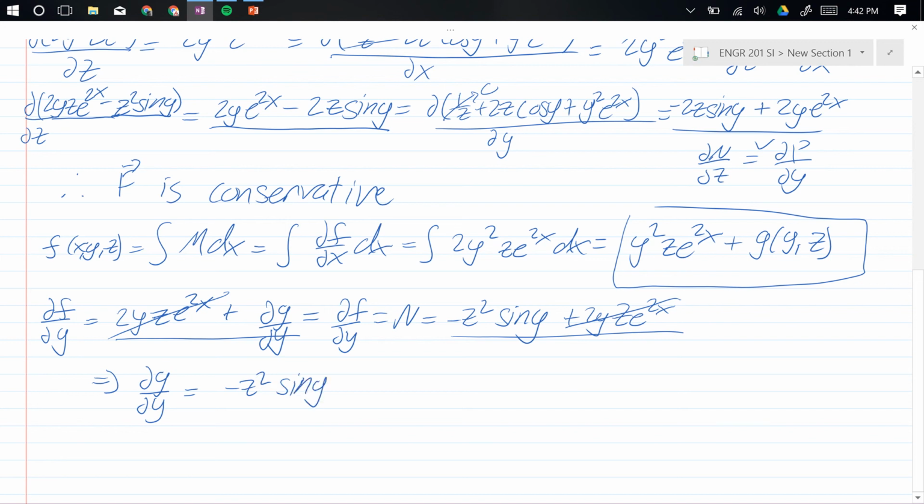Then if you took the integral of that, we can find g of y, z, which equals the integral of negative z squared sine y dy, which would then equal z squared cosine y plus some function of z.